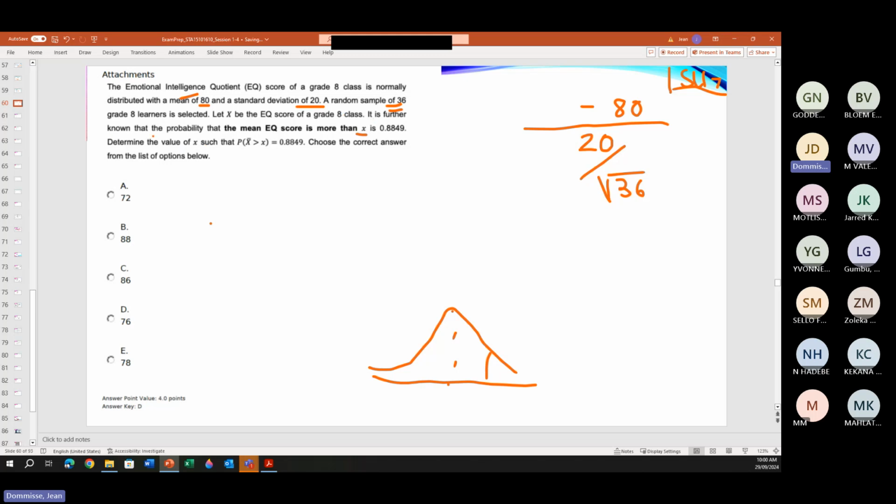It is further known that the probability that the mean EQ score is more than X is 0,8849. Determine the value of X such that the probability of X equal to 0,8849.